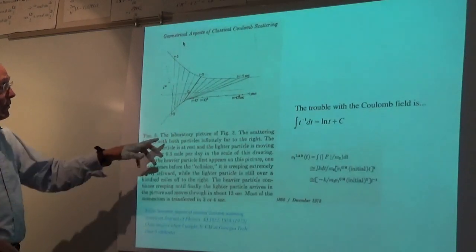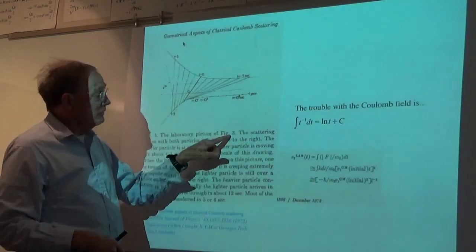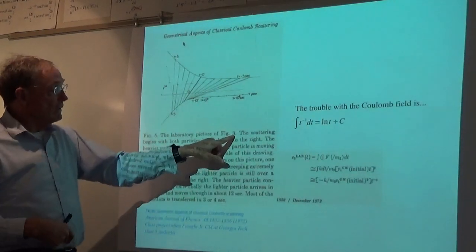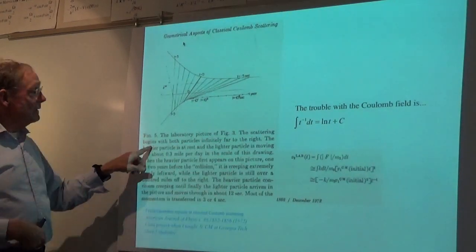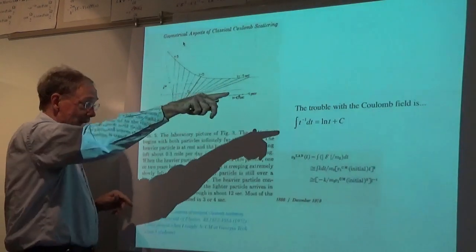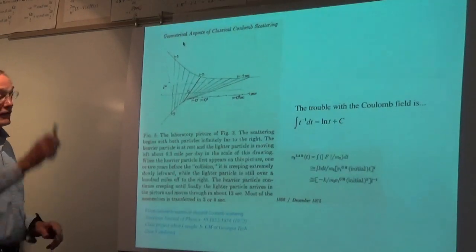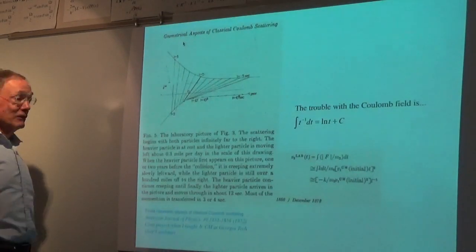And so the laboratory picture of the center of momentum picture, which is figure 3 that you've already looked at, the scattering begins with both particles infinitely far to the right. That's what I mean by the lab frame doesn't exist. It's at infinity.